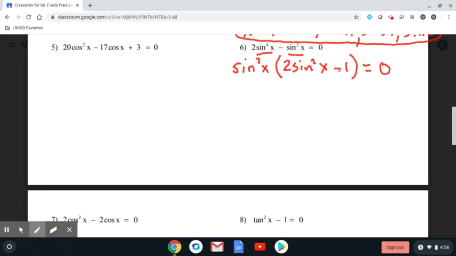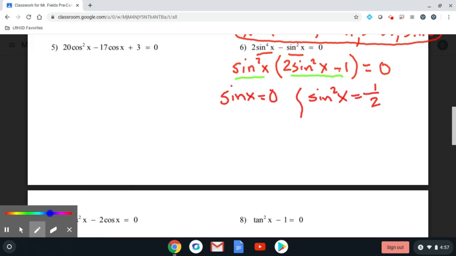All right, so now that you're here, this is really similar to the last problem, because now here's our 2 groups where we're going to set each of our groups equal to 0 and try to solve. So when we set sine squared x equal to 0 and we solve by taking the square root, remember, 0 is not really positive or negative, so it just gives us sine x is equal to 0. Over on my second group, when I set that equal to 0 and solve, I'm going to end up getting sine squared x is equal to a positive 1/2, which then at this point, to get sine by itself, we're going to have to take the square root of both sides.